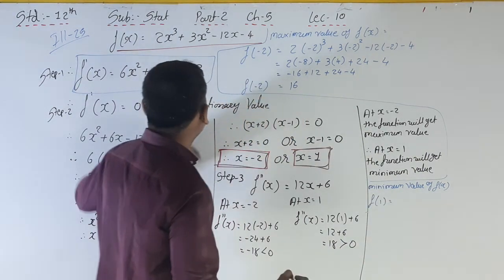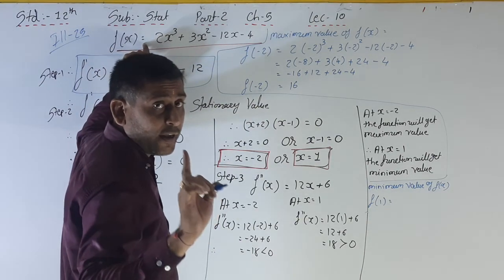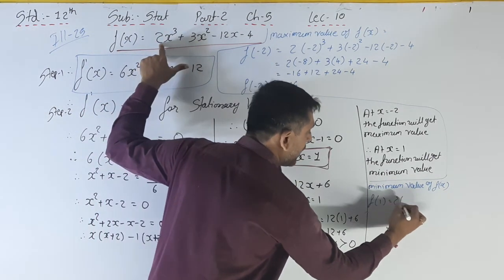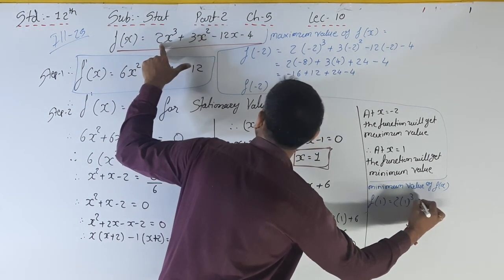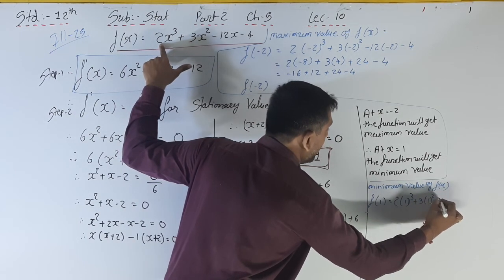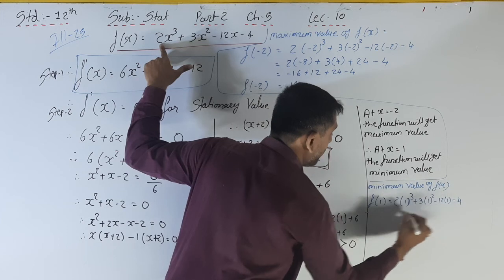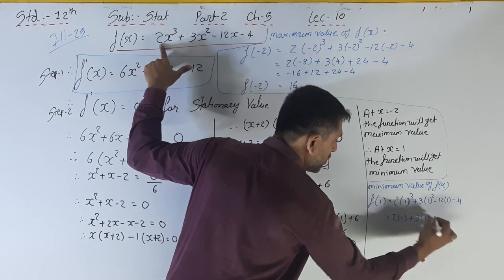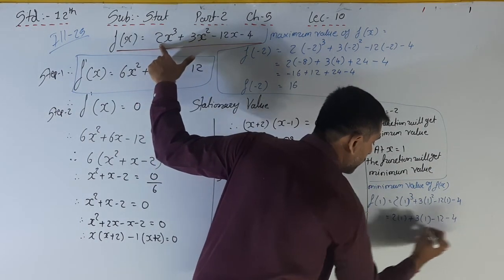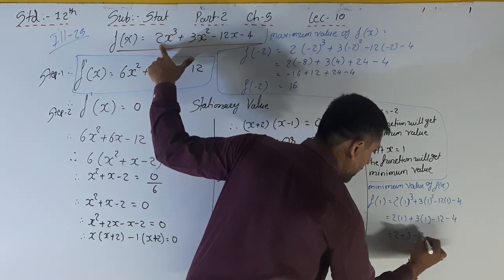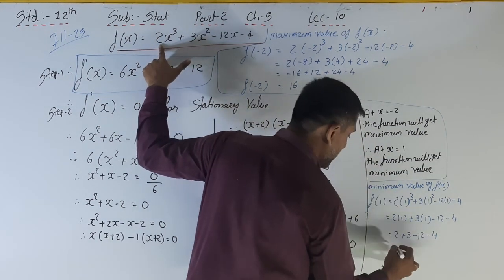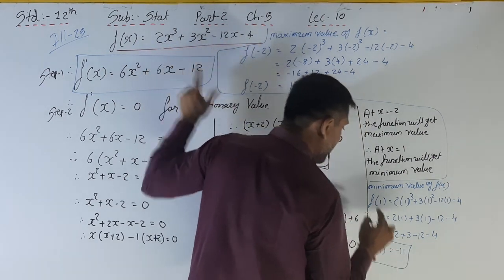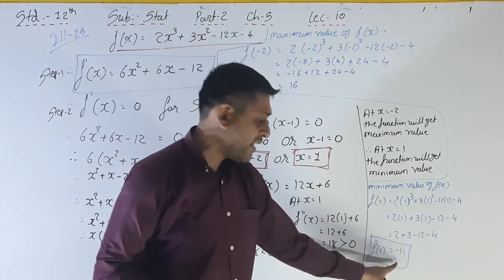So f of 1, we have to put 1 in the original function: 2 into bracket 1 cubed plus 3 into bracket 1 squared minus 12 into bracket 1 minus 4. That is 2 into 1, plus 3 into 1, 12 ones are 12, and minus 4. So 2 plus 3 minus 12 minus 4. So 5 minus 16, that is -11. So f of 1 is equal to -11, that is the minimum value of the function.